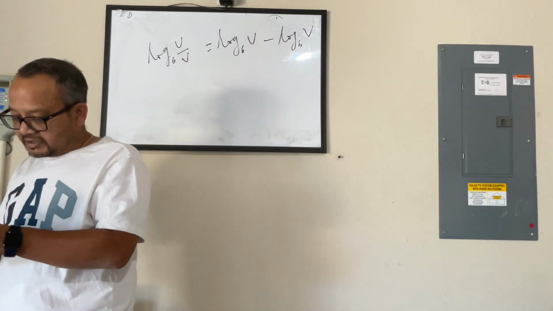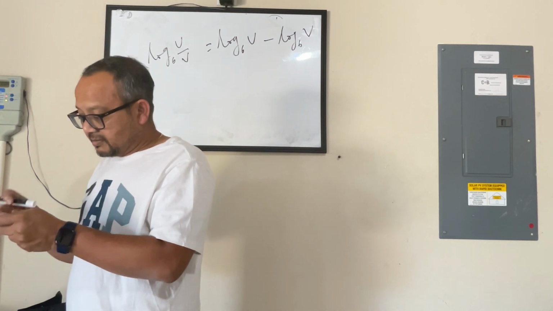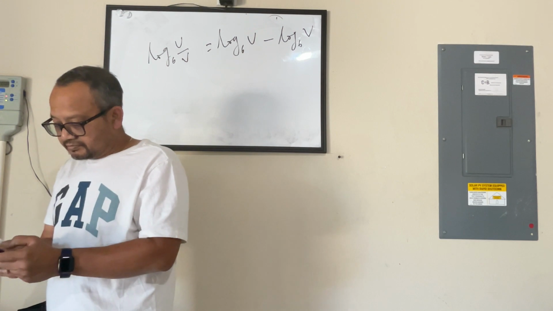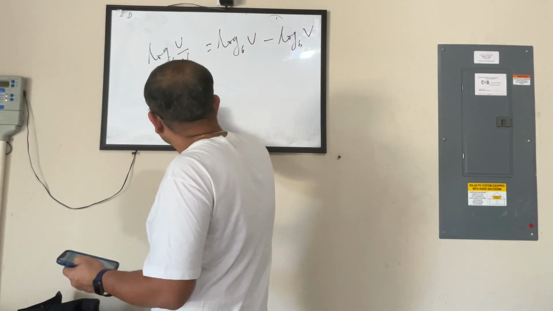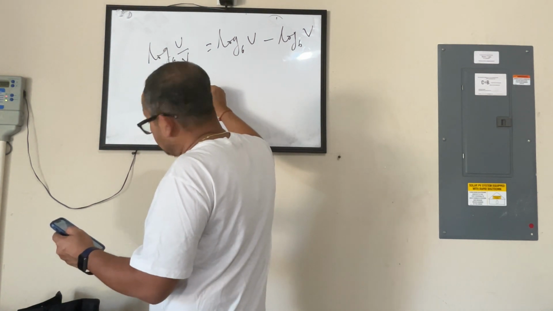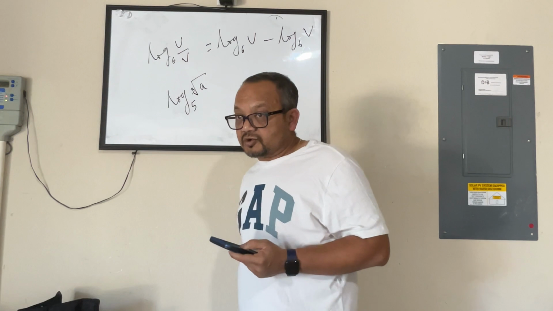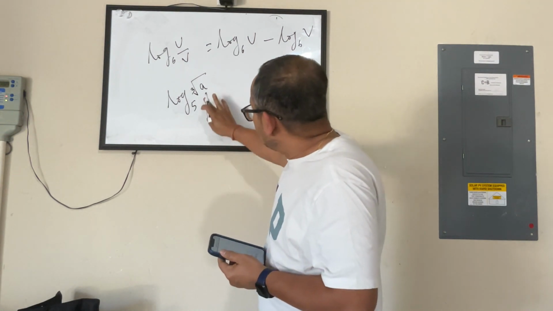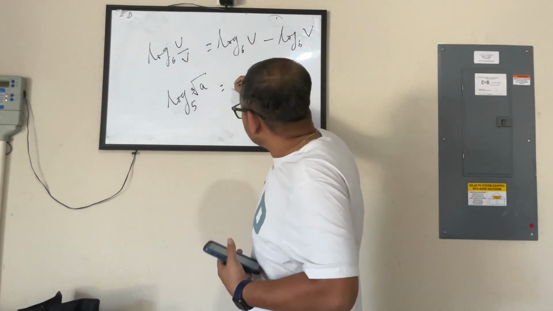Let's look at the second one. I'll randomly pick. The second one is log of a cube root. Now, what does it mean? Let me look at it differently.